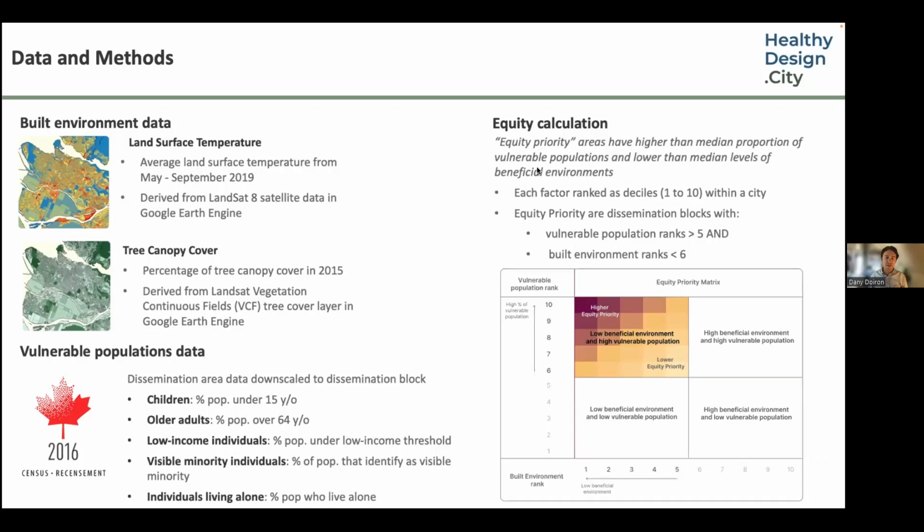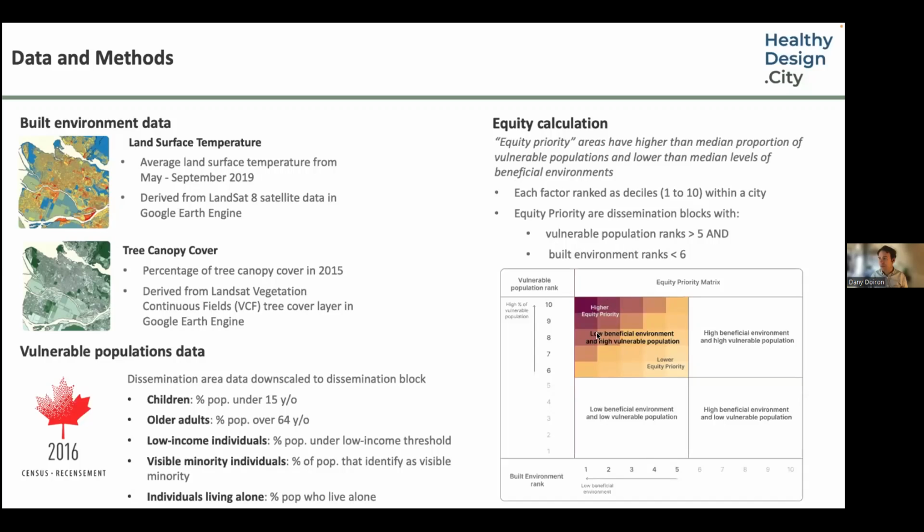And finally, for the calculation of equity priorities, what we did, as I mentioned, is we ranked the built environment data and the vulnerable population data from 1 to 10 in deciles. And what we're considering an equity priority area is really a dissemination block where vulnerable population ranks above 5, and built environment ranks below 6.